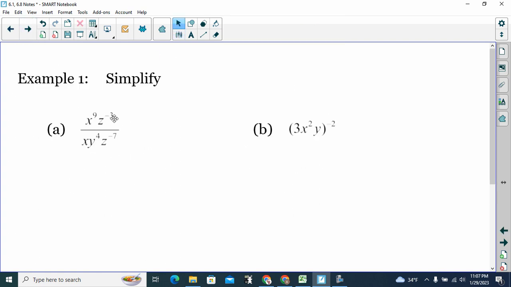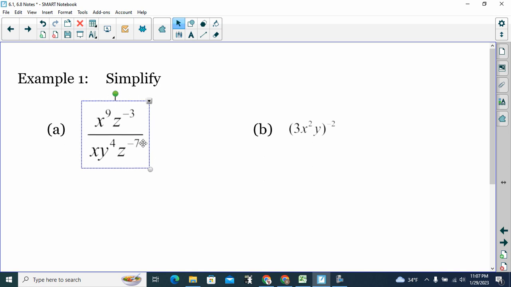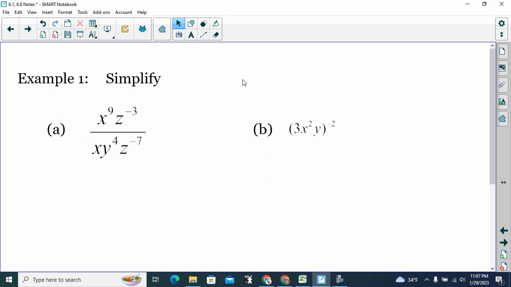Couple relatively quick example problems dealing with properties of exponents. Example 1 asks us to simplify. Part A says x to the 9th z to the negative 3rd divided by x y to the 4th z to the negative 7th. Looks like we're dividing, so when we divide, we subtract exponents.